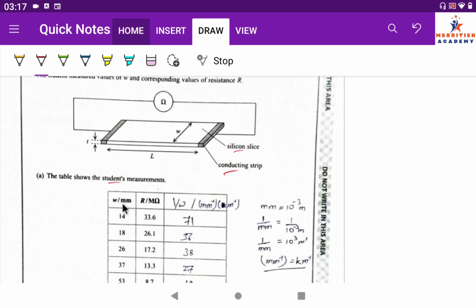When the width is 14 millimeters, the resistance is 33.6 mega ohm, and the value will be 1 by W.